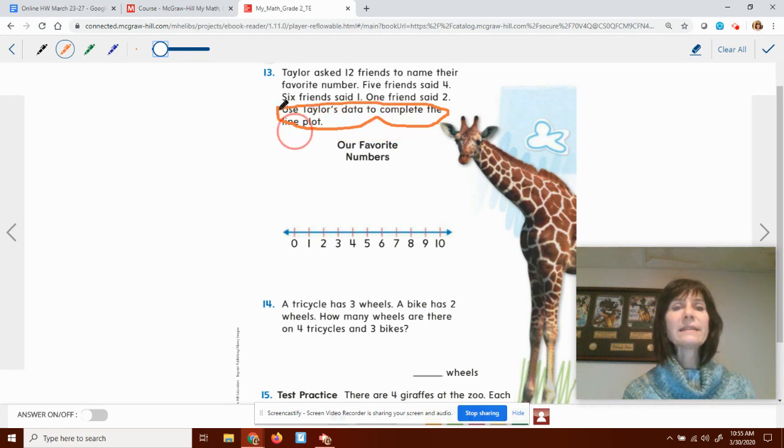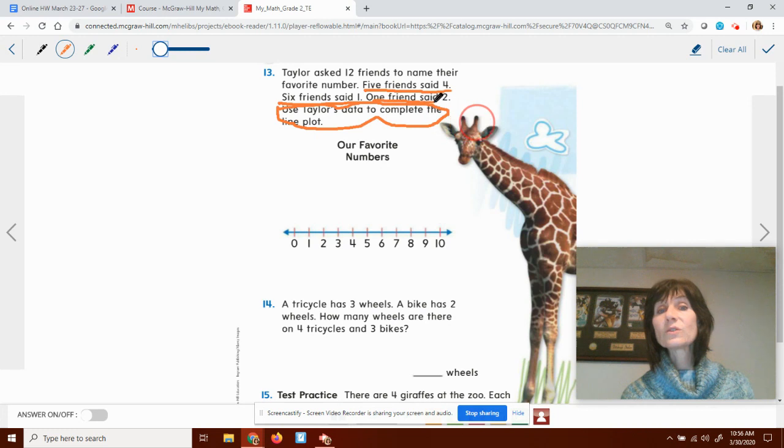We know a line plot starts with a number line. We know in order to create the numbers, I'm going to look at the smallest and the largest number in my word problem. So she asked 12 friends to name their favorite. 5 said 4. That's going to be important. 6 said 1. And 1 said 2.